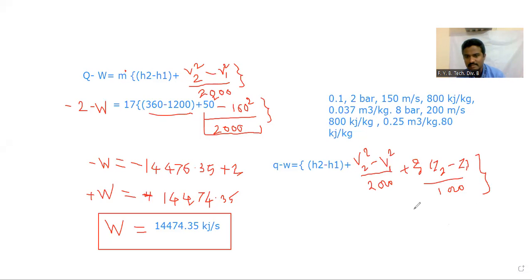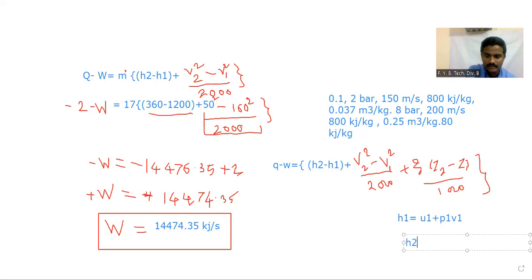Use these two relations to find h1 and h2 and substitute in the SFEE. h1 is equal to u1 plus p1 v1.